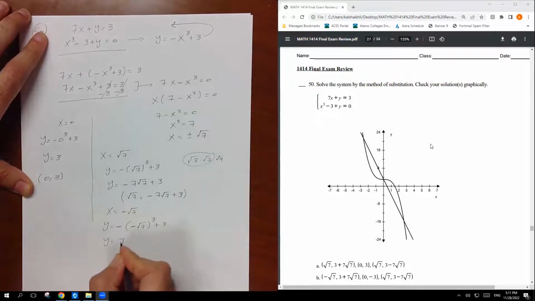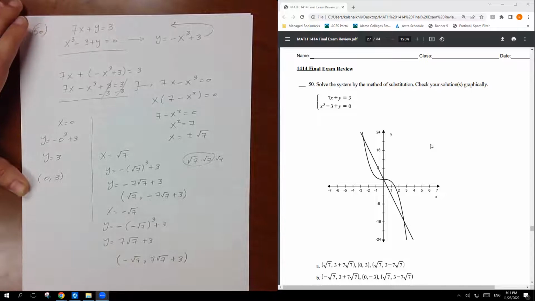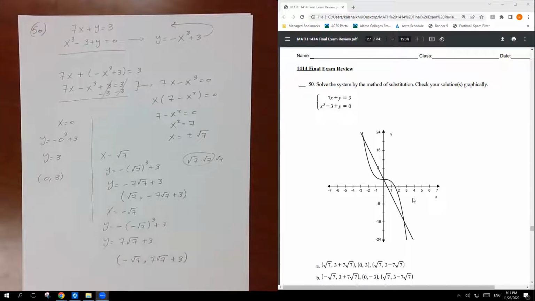So it's going to be positive 7 square root of 7 plus 3. That means we have negative square root of 7 as an x, and y is going to be 7 square root of 7 plus 3. That's it. We have 3 solutions for this system.